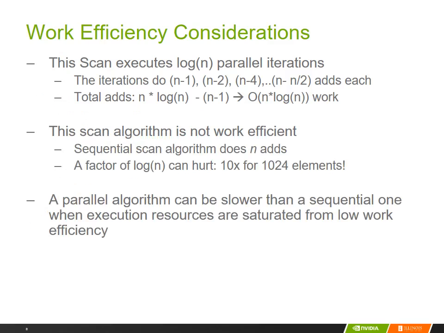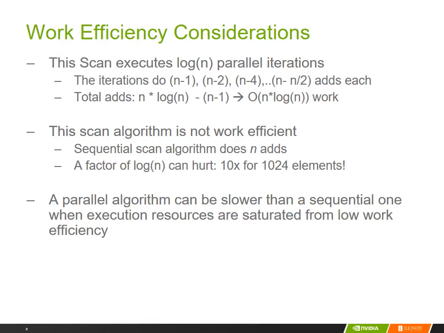Now that we know how to write the kernel, we can analyze the work efficiency of the kernel. This scan kernel will execute log n steps or log n iterations to calculate the output for n elements.